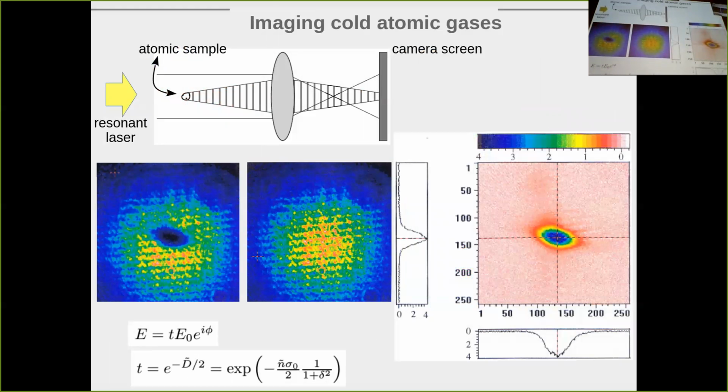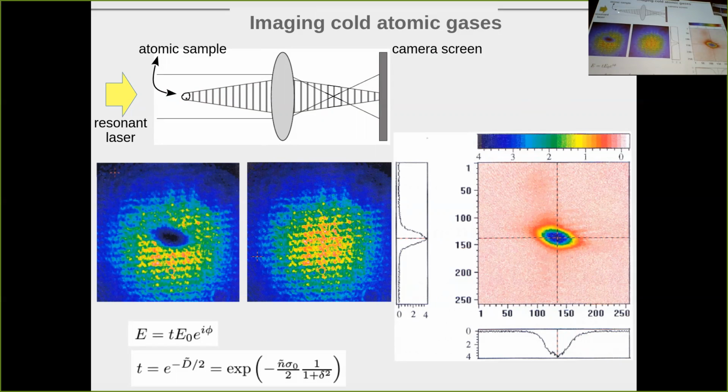The detection is done by means of relatively traditional methods. Typically, we use resonant absorption imaging. Let me tell you how it works for those that are not familiar with this. Typically, we have the sample here. We shine a laser which is resonant on an atomic transition, which means that the sample scatters away the radiation, and hence it creates a shadow.